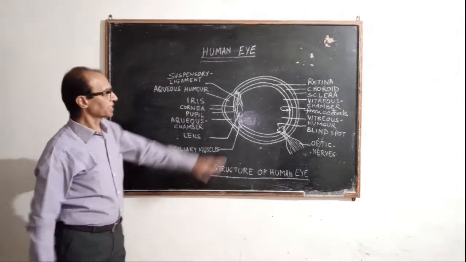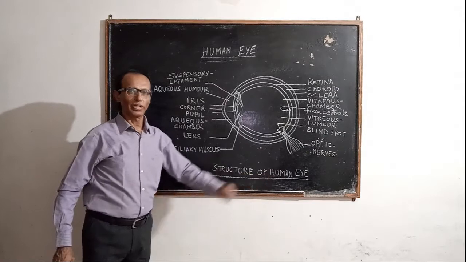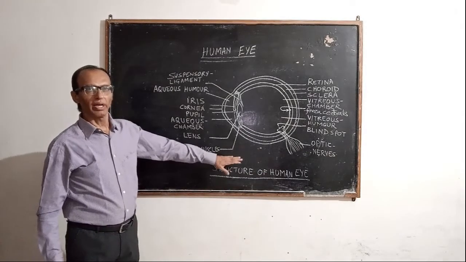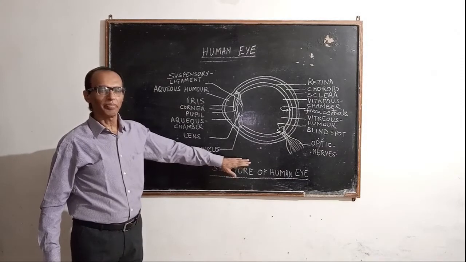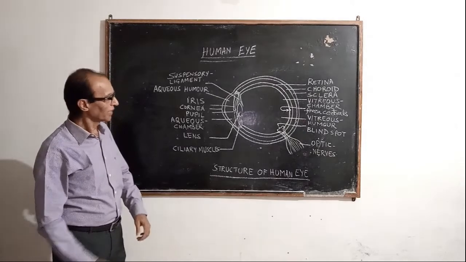Whenever you draw this diagram, you should mention that yes, this is the structure of the human eye. So it's all okay. Any questions you may write in the comment box at the end of this video.